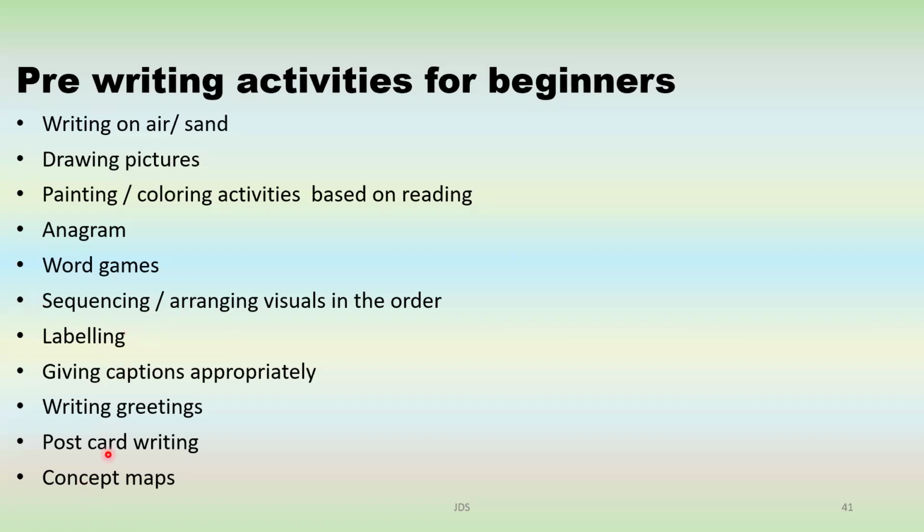Go through all these tasks and ask me if you are unable to understand any pre-writing tasks that can be done with beginners. If you think or if you know any other tasks that are suitable, just mention them as well.